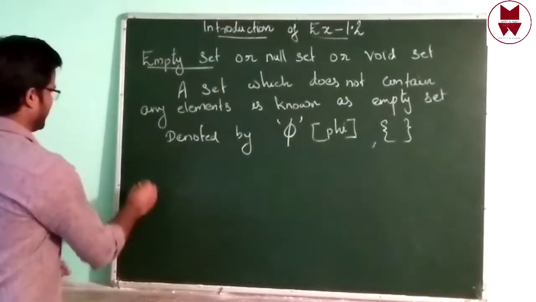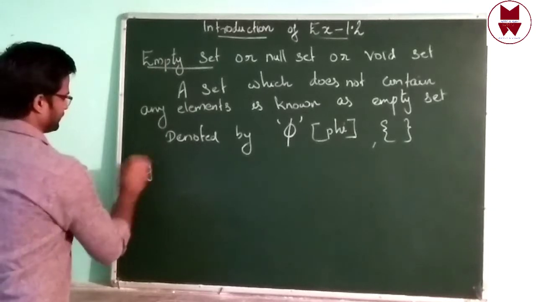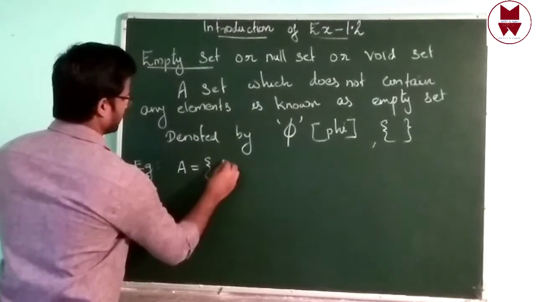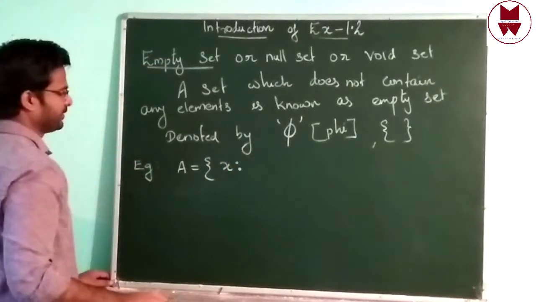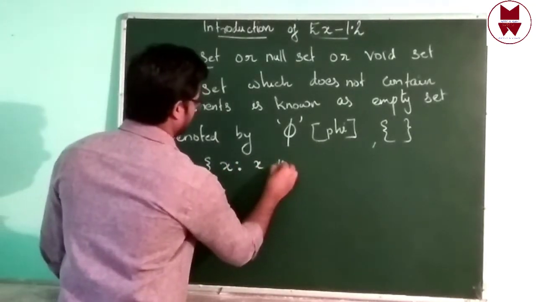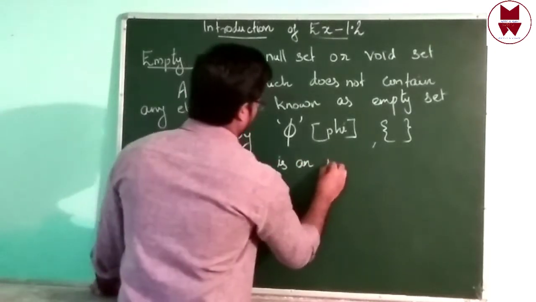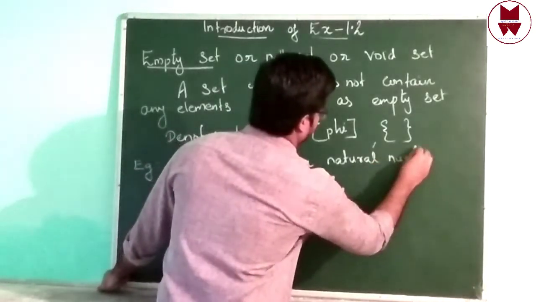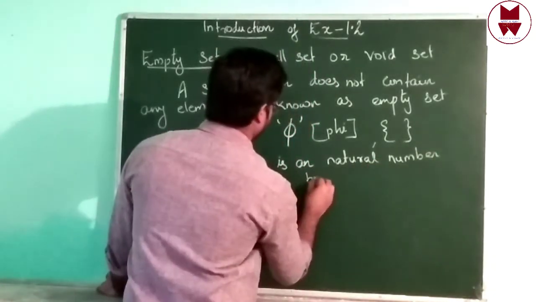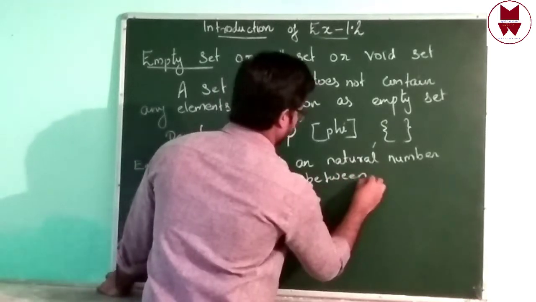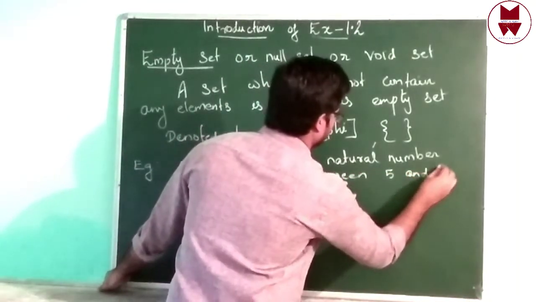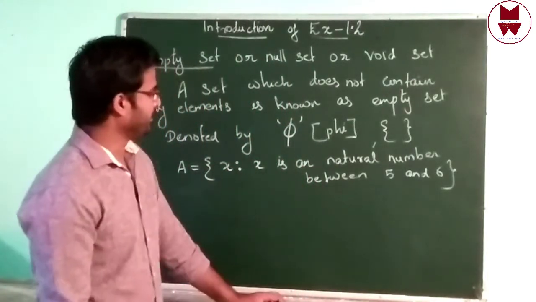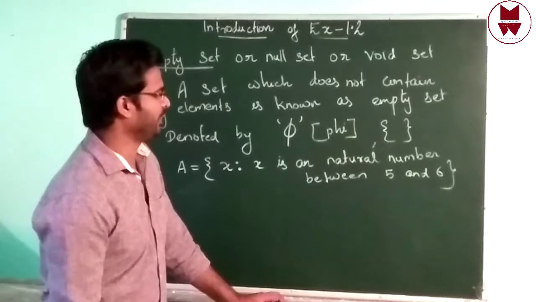Then we can see some examples. Set A equals x such that x is a natural number between 5 and 6.